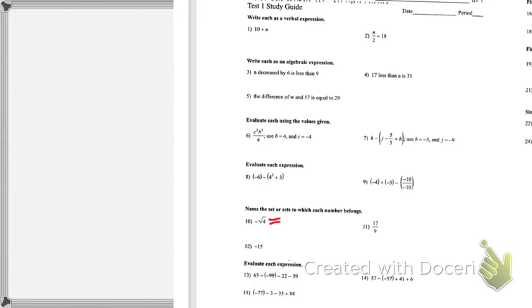So I am going to bring my negative over. And the square root of 4 is 2. So -2 is an integer. It is rational. And it is real. And I'm going to write these over to the side so you have them.